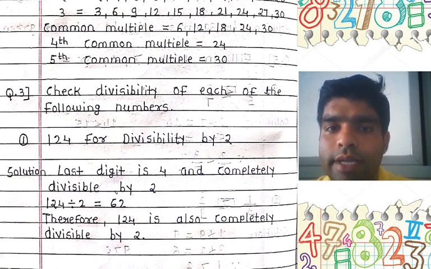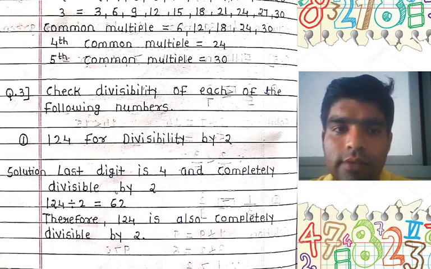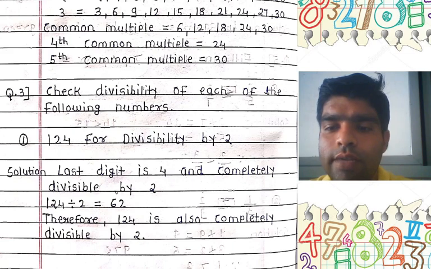Check the divisibility of each of the following numbers. Check the divisibility rules. In the last video, I already discussed checking the divisibility of each of the following numbers. For the first example, take 124 for the divisibility by 2.